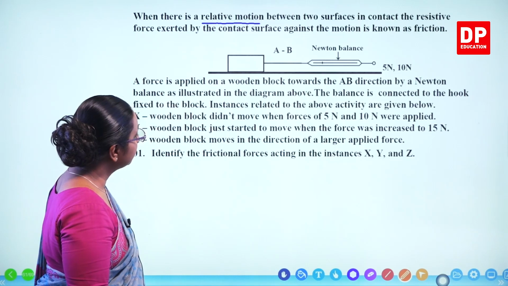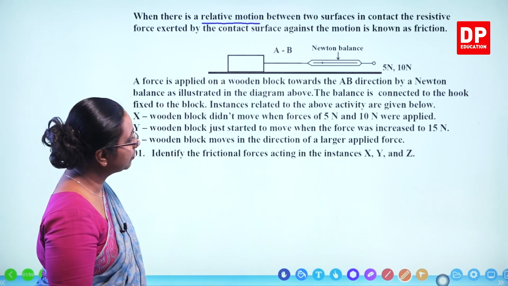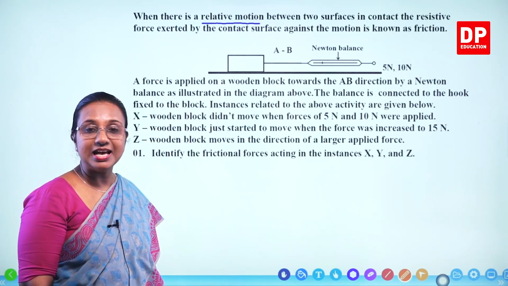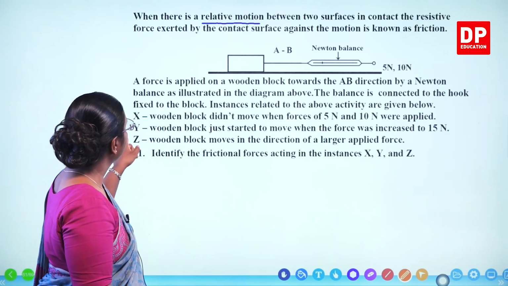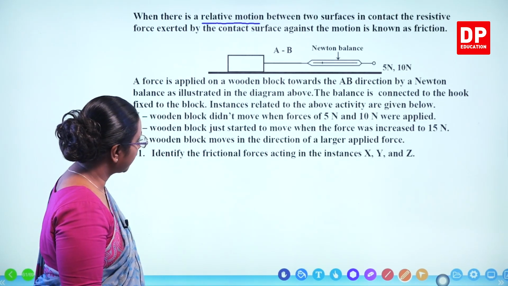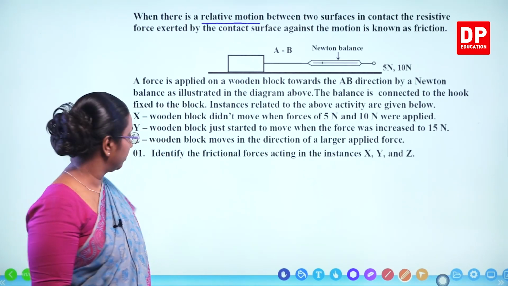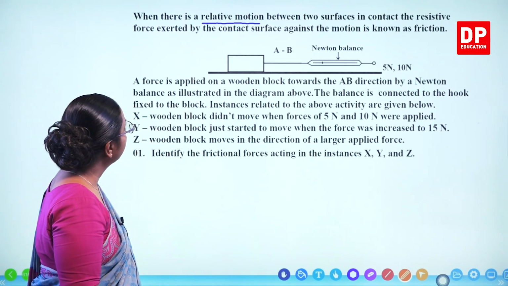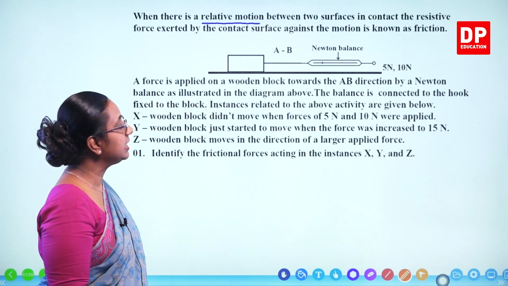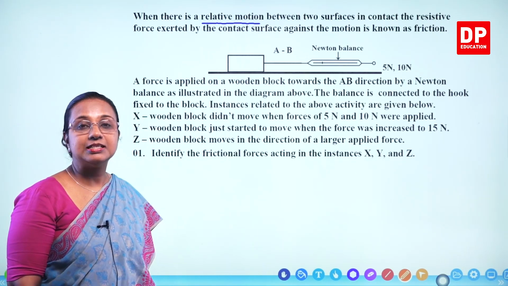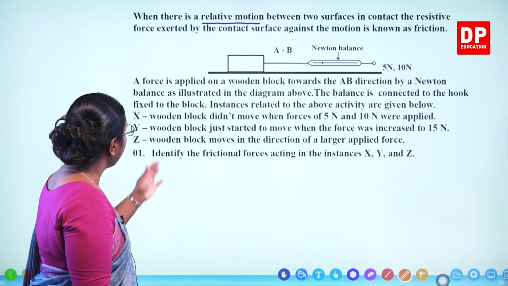The wooden block didn't move when forces of 5 Newton and 10 Newton were applied. That is X. Y: the wooden block just started to move when the force was increased to 15 Newton. And Z: the wooden block moves in the direction of a larger applied force.